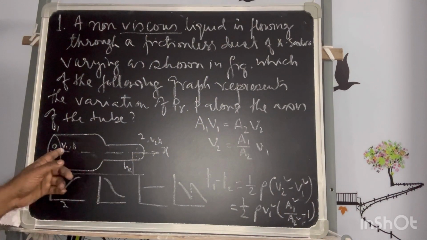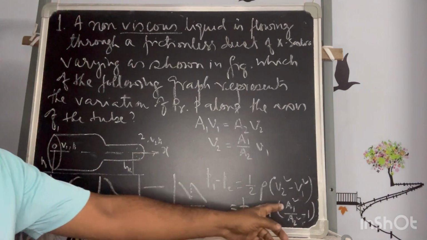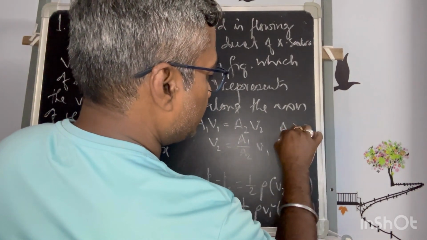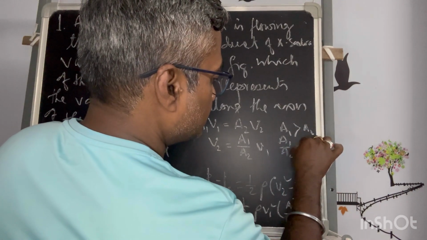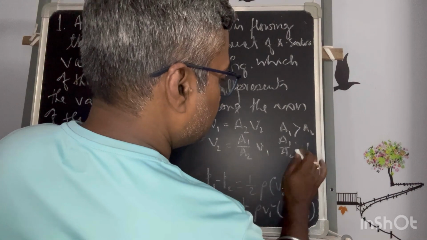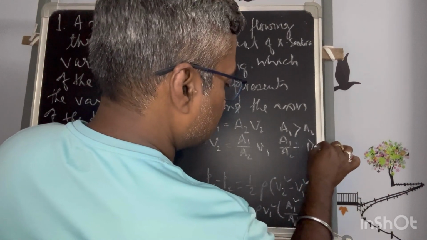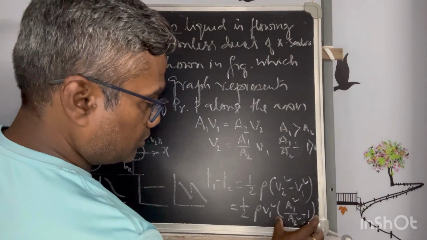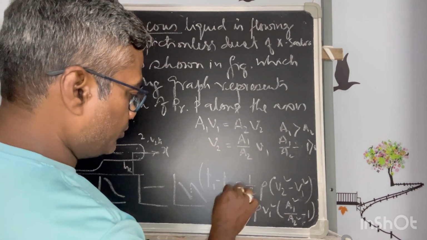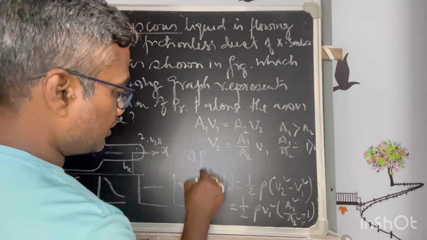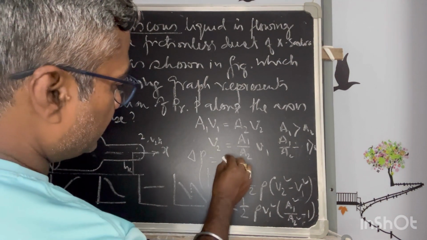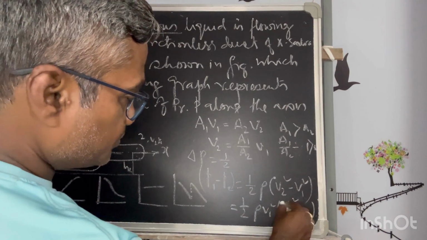Now A1 is this, A2 is this, so A1 by A2 is greater than 1, isn't it? So A1 square by A2 square minus 1 is greater than 0, so this part is positive, so delta P, the pressure difference between this and this point, is a positive value, and that depends on half into this part.